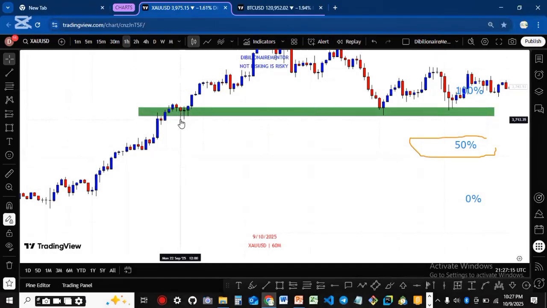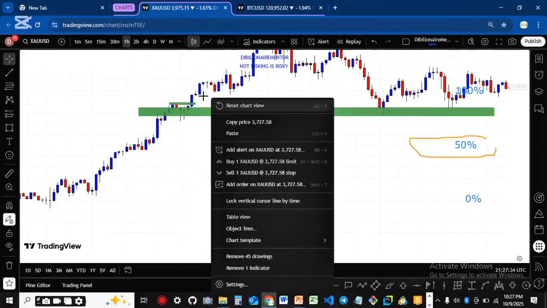And what is this rejection candle? This rejection candle is a bullish scenario. What are you going to do? You wait for the candle to start printing bullish, you wait for buyers to actually come into the market. Then you strike.